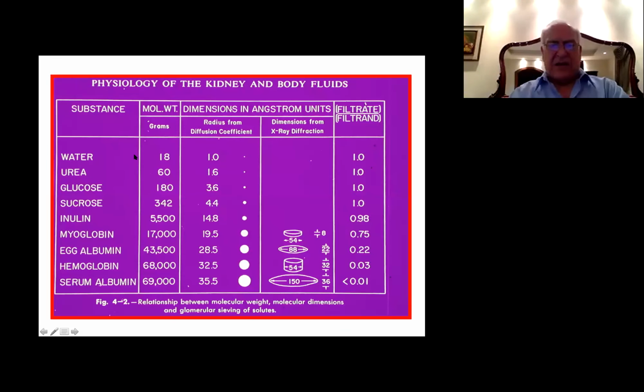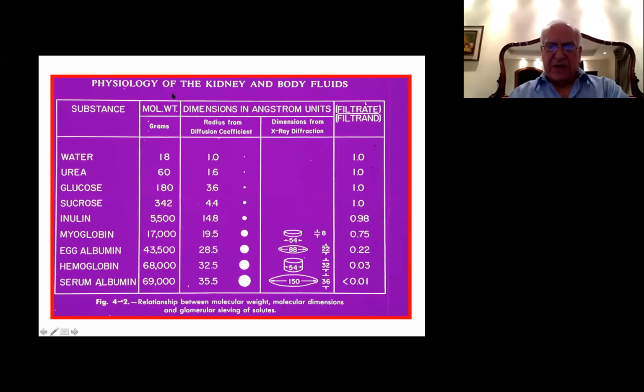Look at this. That indicates the substance that can go through. The molecular weight of a substance: here is water, here is urea, glucose, and we go all the way to albumin. And as you'll see, the larger the substance, the more difficult it is to pass through, and it depends on the configuration.